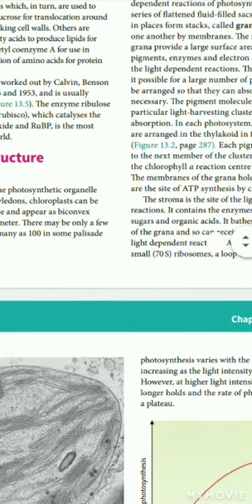The membrane makes it possible for a large number of pigment molecules to be arranged so that they can absorb as much light as necessary for photosynthesis.